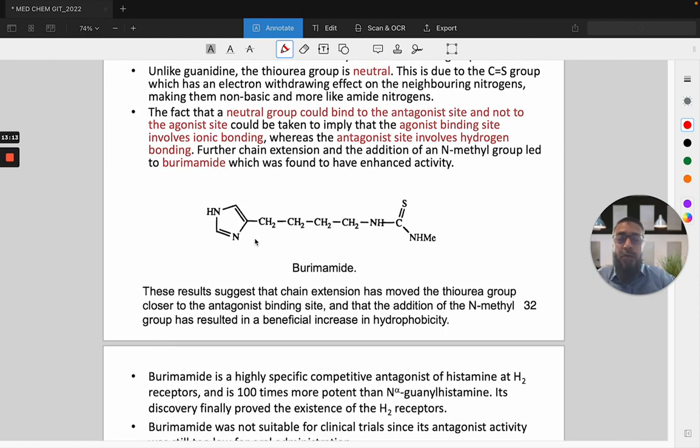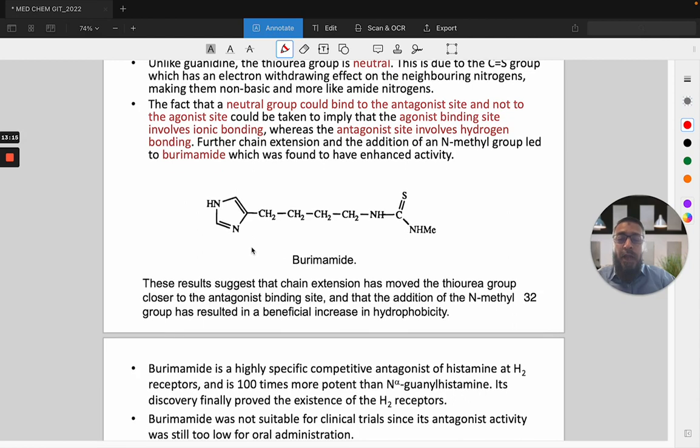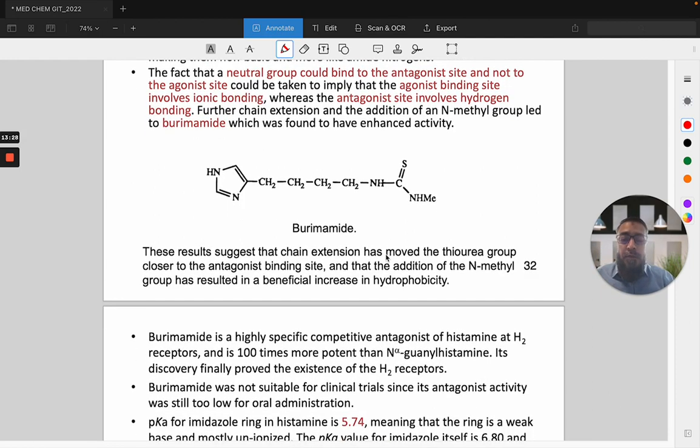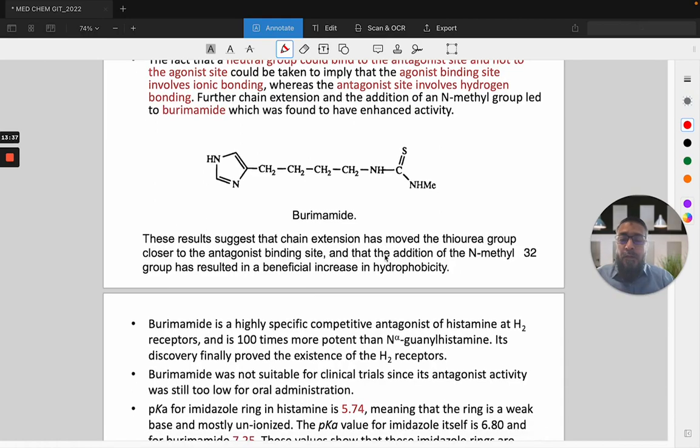So this molecule is a highly specific competitive antagonist of the H2 receptor, and it is 100 times more potent than alpha guanylhistamine. But it is not suitable clinically because its potency was still too low for oral administration, right?